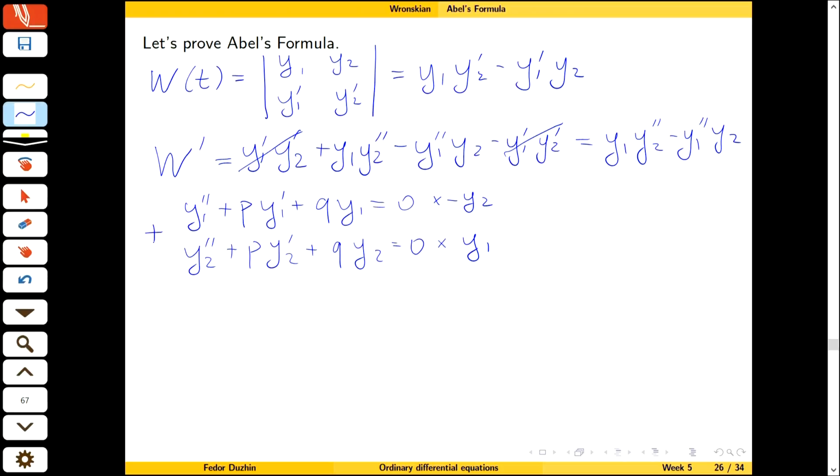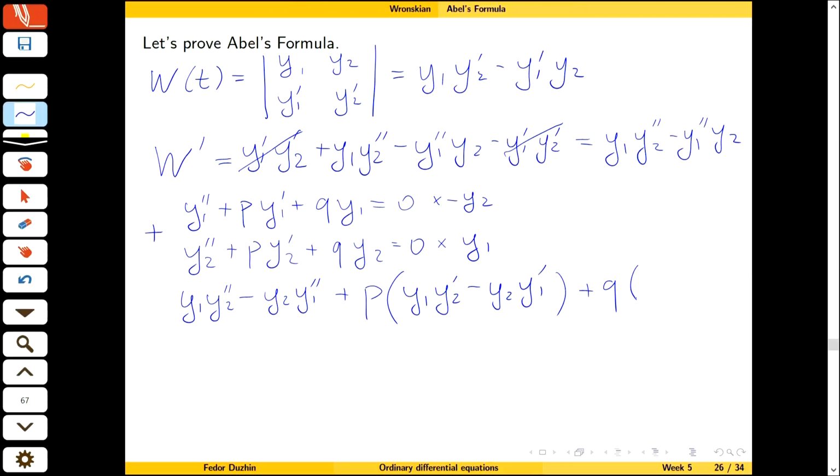So the first term is y1 times y2 double prime, that's from the second equation, minus y2 y1 double prime, plus p times y1 y2 prime from the second equation and minus y2 y1 prime from the first equation, plus q times y1 y2 from the second equation and minus y1 y2 from the first. Well, y1 y2 minus y1 y2 is just 0, so this part cancels, and this equals 0.